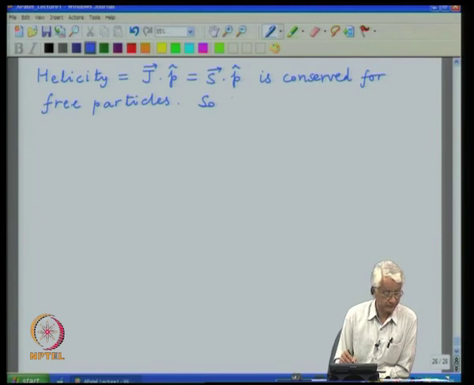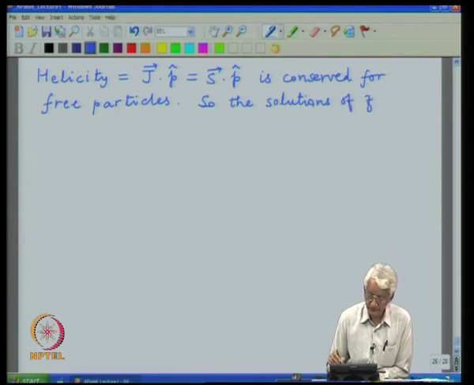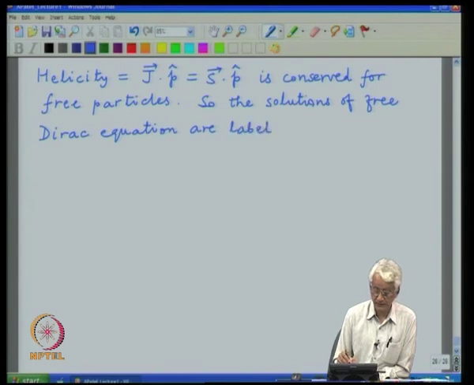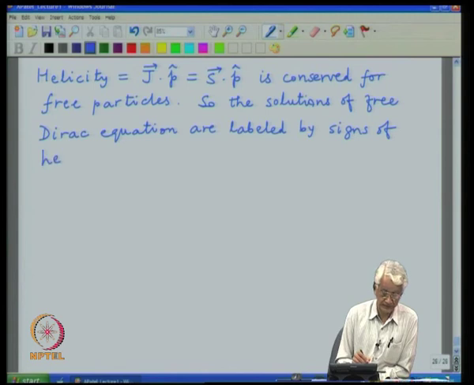So, the solutions of the free Dirac equation are labeled by signs of helicity and energy.